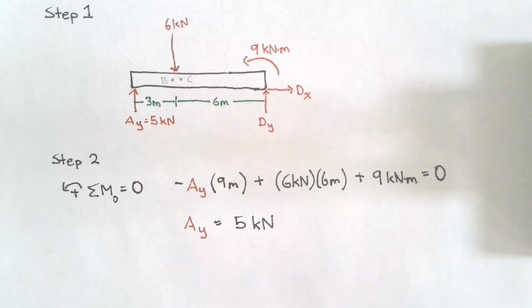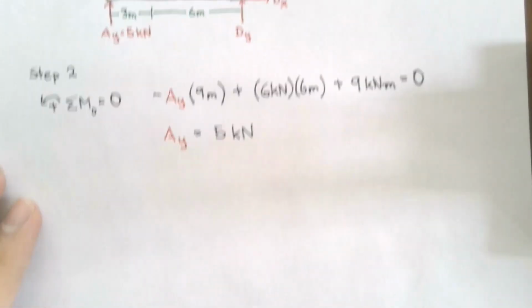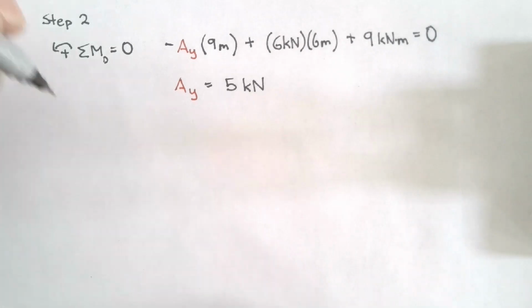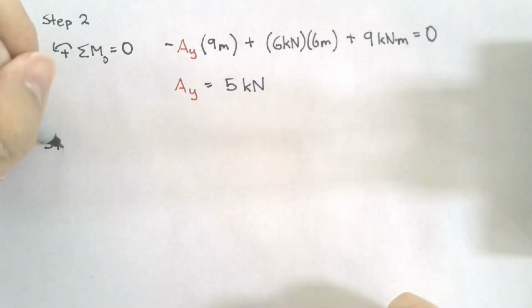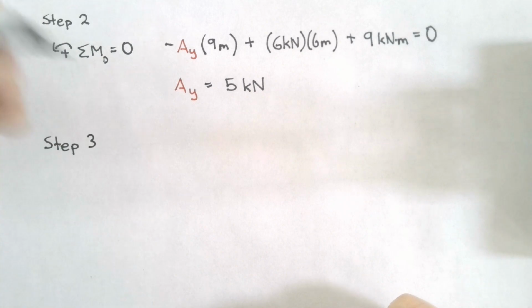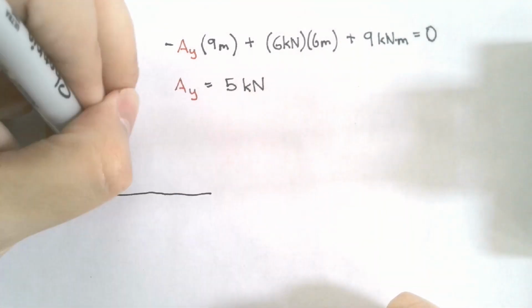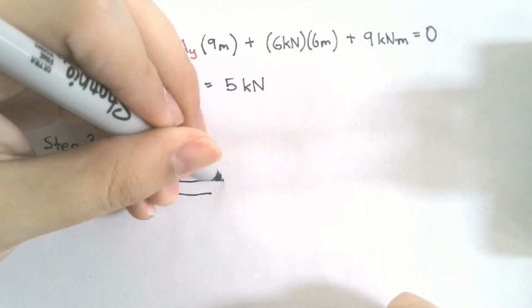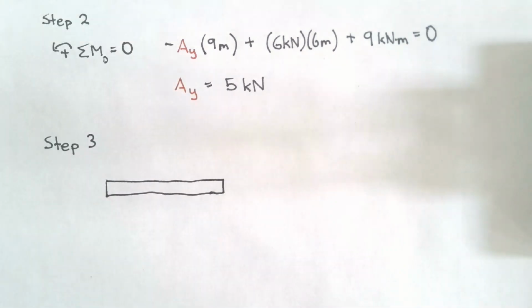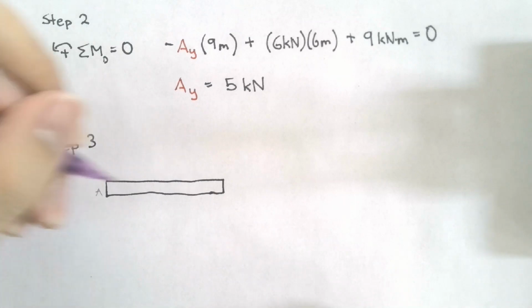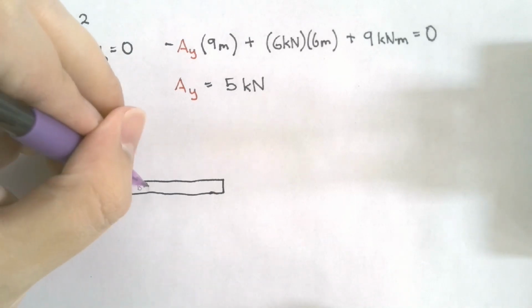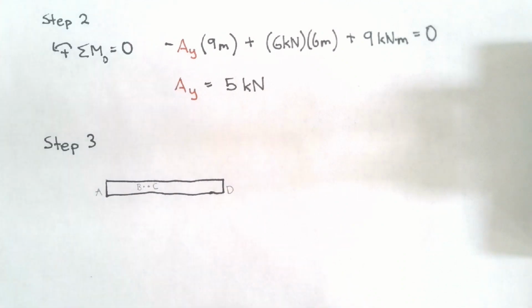So let's move on to step number 3. Step number 3 is to select a point that we want to analyze and then make a section cut right at that point.